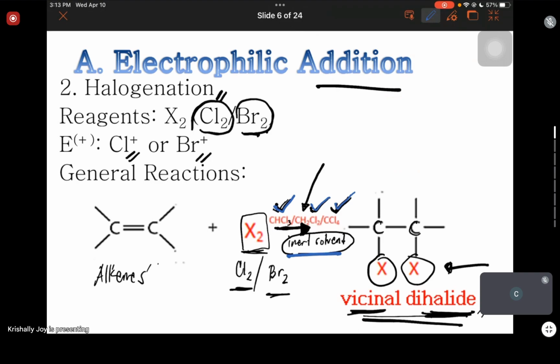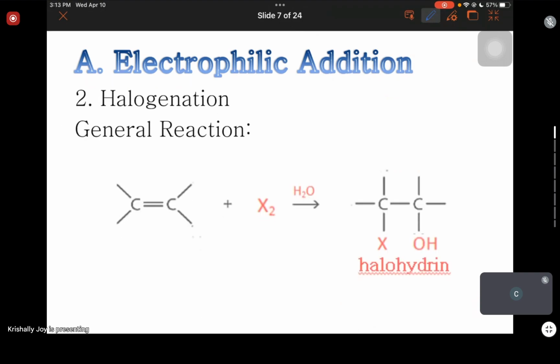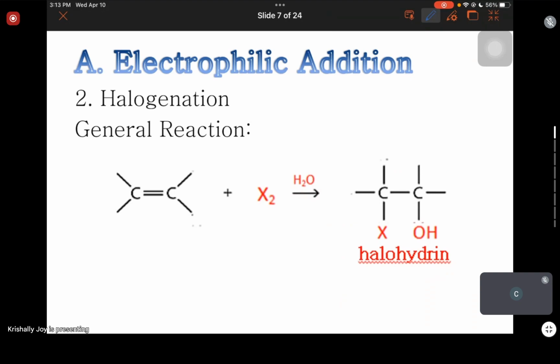Meron tayong isa pang halogenation process. Paano kapag ang halogenation after adding chlorine gas or bromine gas, ang inert solvent na ginamit is water? Iba naman yung product. Water will facilitate also, will be part of the chemical reaction. Ang product natin is, we call it halohydrin. Bakit?